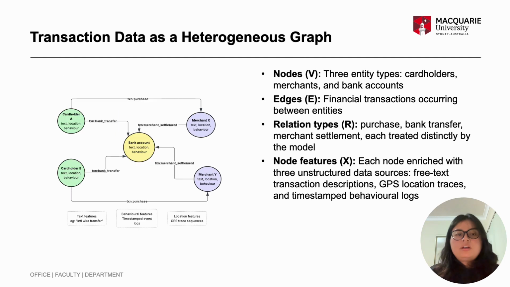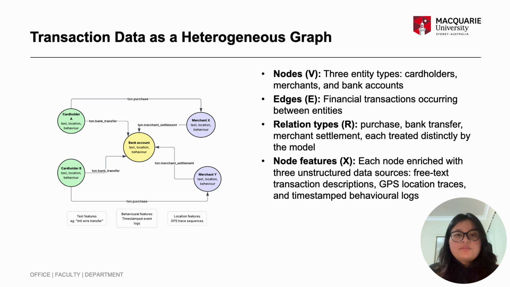strategies. Okay, so I modeled this as a heterogeneous graph rather than a homogeneous one because cardholders, merchants, and bank accounts behave very differently, and so treating them as identical nodes would lose that distinction. The three distinct relationship types, purchases, bank transfers, and merchant settlements, will allow the model to learn different patterns per relationship rather than collapsing everything into one generic connection.